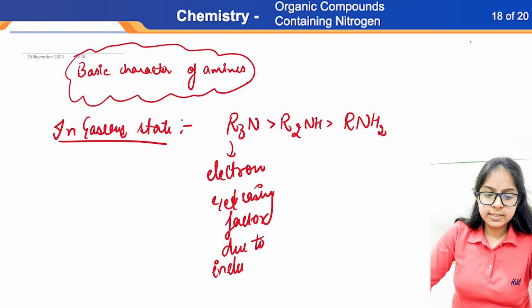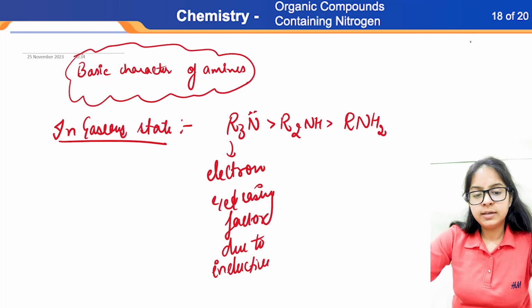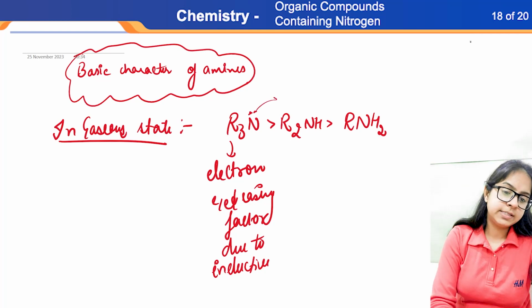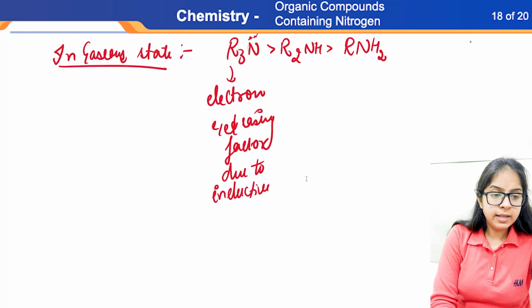The more electron releasing it is, the more negative charge over the nitrogen, so it will act as more basic than the other secondary and primary amines.